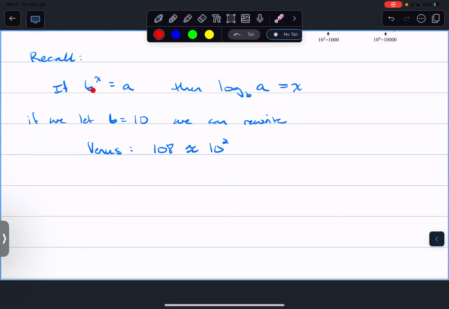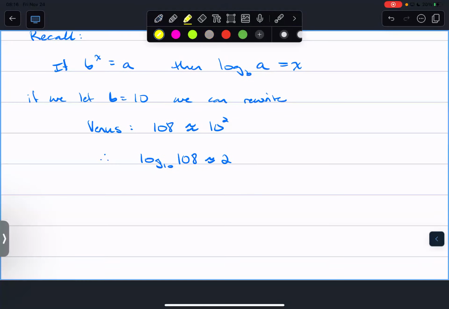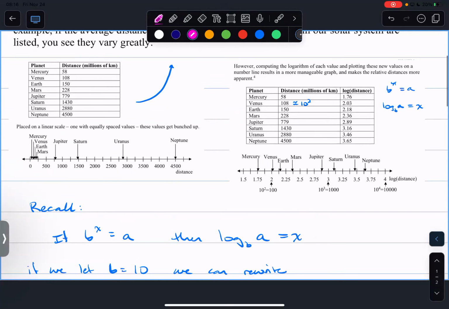So now if I map this to the log, log base 10 of 108 is roughly 2. Notice what's happened here is you go from this power, and that's going to be your log result approximately. And so that's how we get to these values.